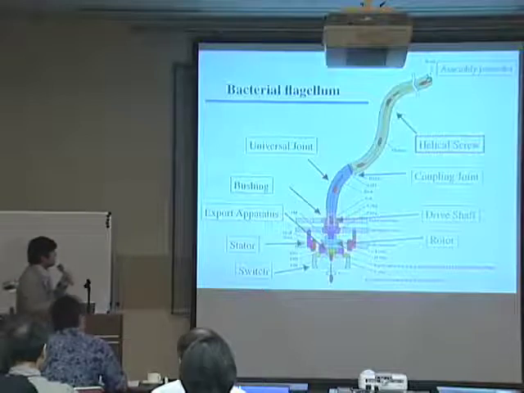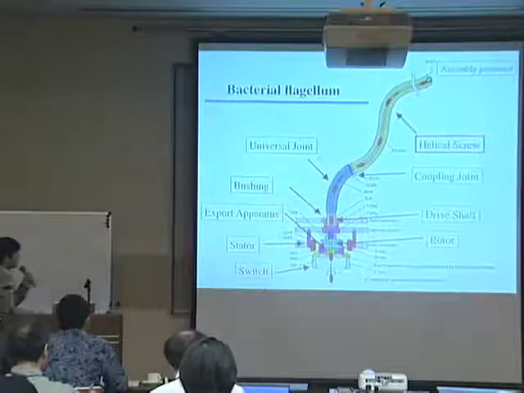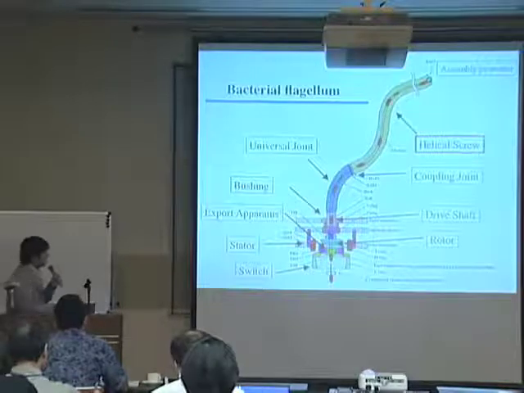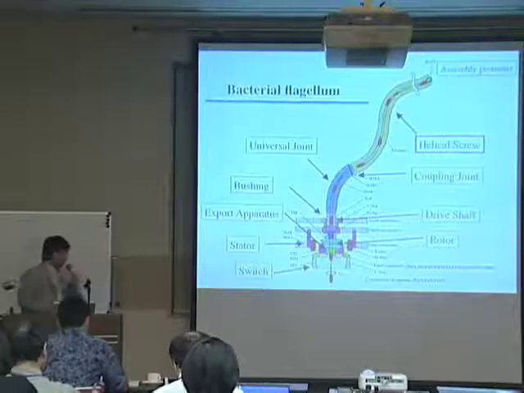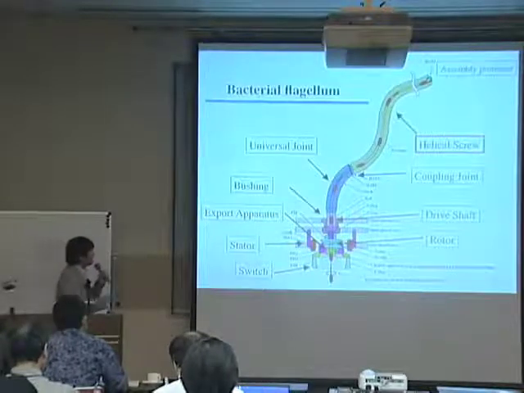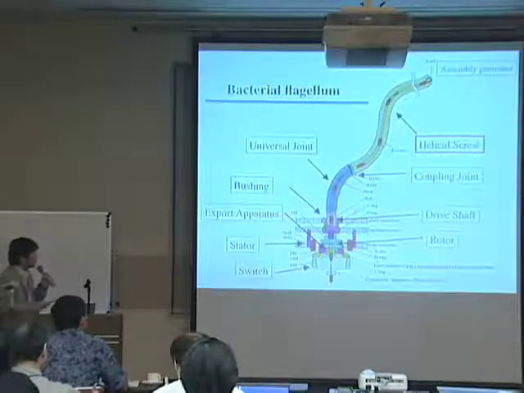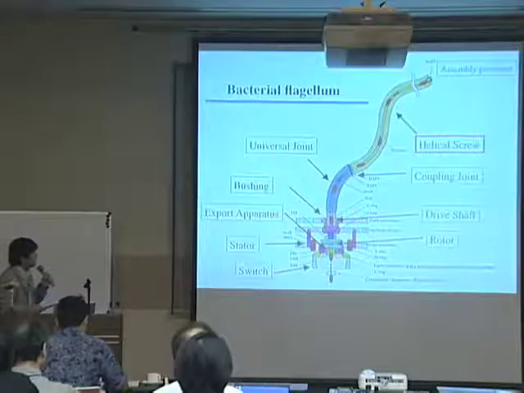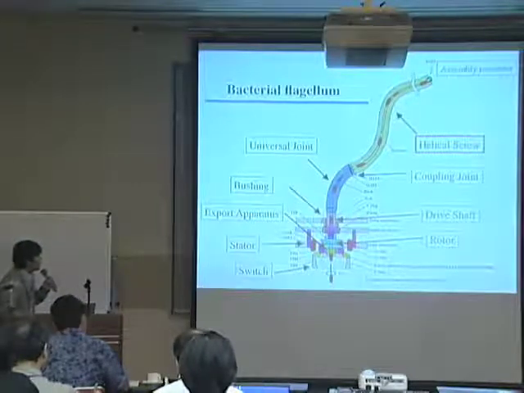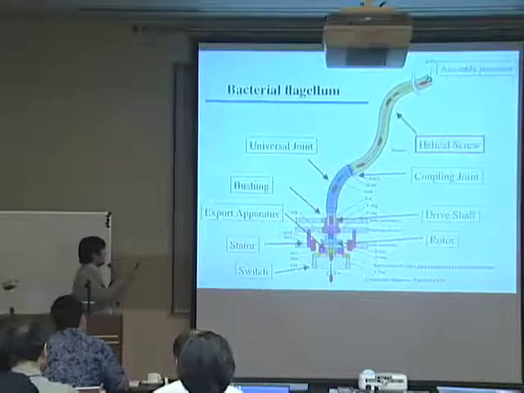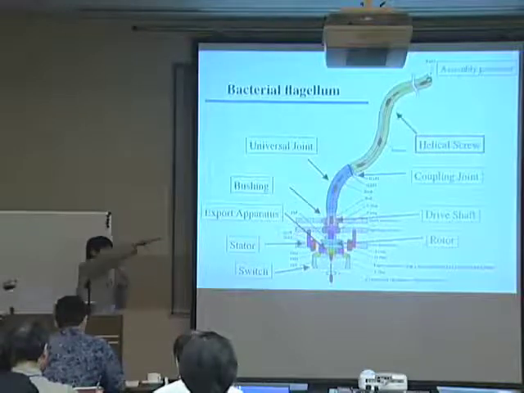And here we have the universal joint. The rotational torque is generated by the motor part and transmitted by the drive shaft, and then this rotational energy is effectively transmitted to the screw. But the axis of the filament and the axis of the motor are not linear, and sometimes the direction changes.